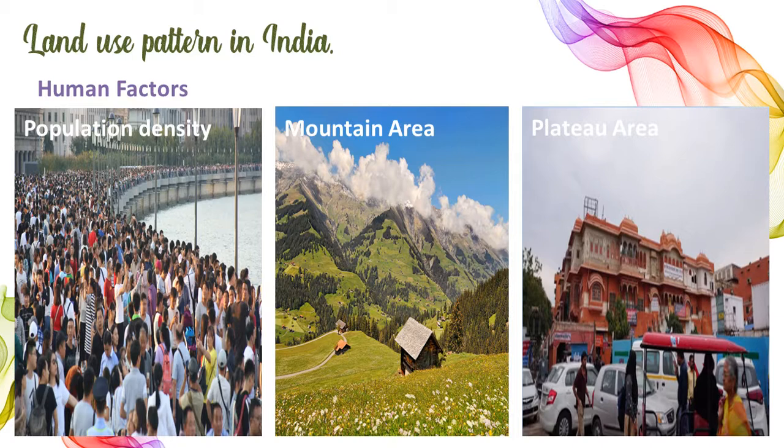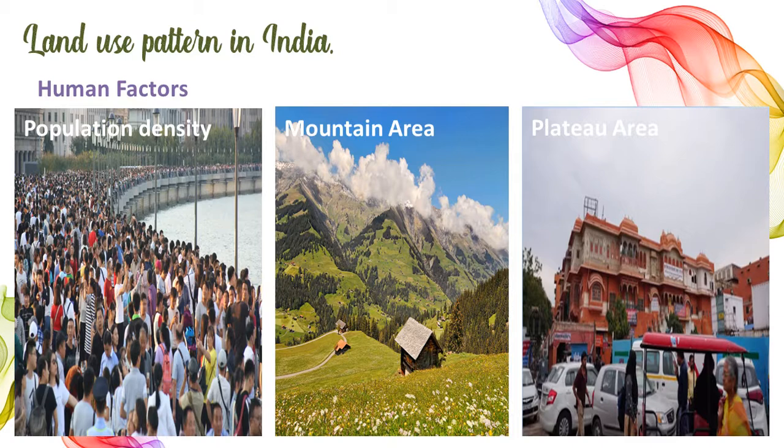Now comes human factors. The human factors that influence the land use pattern in India are, first one, population density.